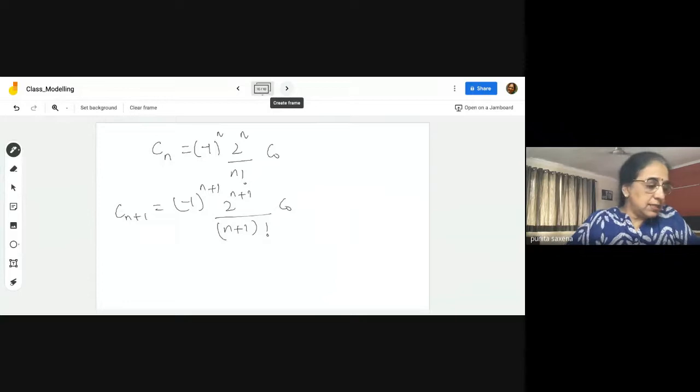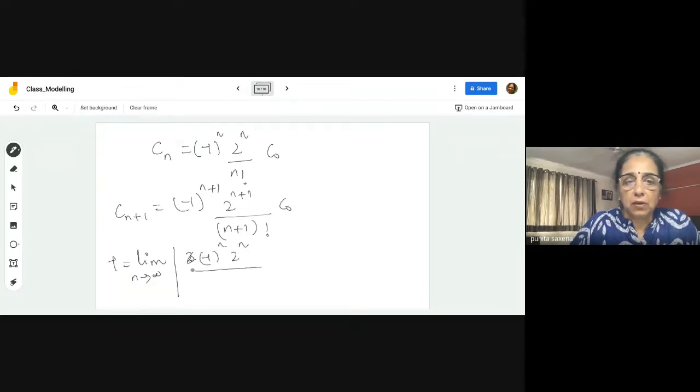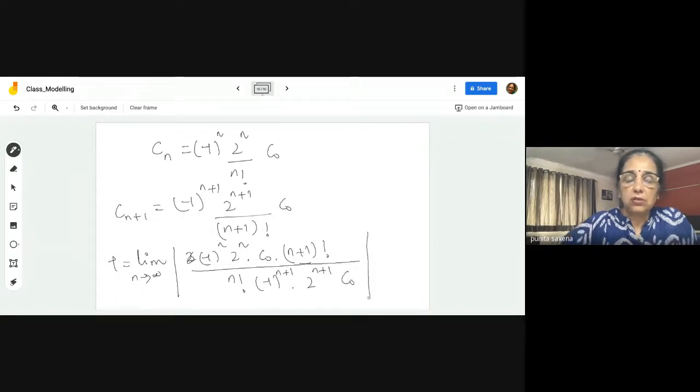So in this case, my rho is going to be the limit as n tends to infinity of the modulus of Cn, I can write the whole term, (-1)^n 2^n upon n factorial into C naught, upon Cn+1. So dividing by Cn+1 would mean (n+1) factorial upon (-1)^(n+1) into 2^(n+1) C naught. That's what it will be, right?